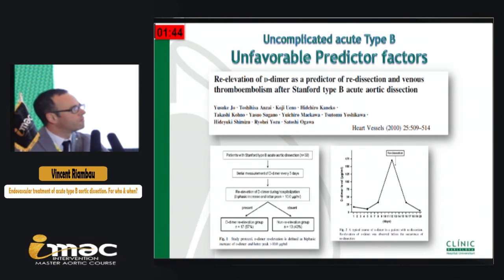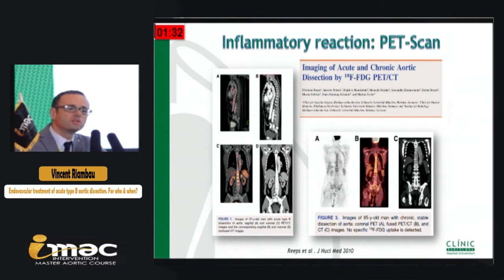Do we have some biomarkers to identify this kind of uncomplicated dissection at risk? Yes, we have some work done on biomarkers, such as D-dimer, and also the PET scan can give us an overview of the inflammatory response of the whole aorta. The bigger the inflammatory response, the worse the evolution is going to be.